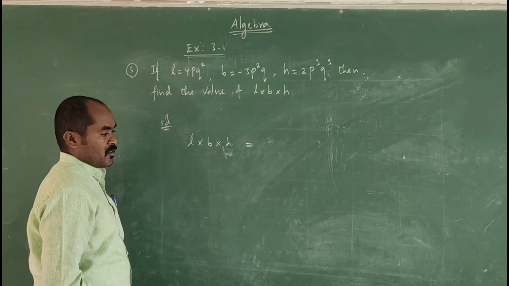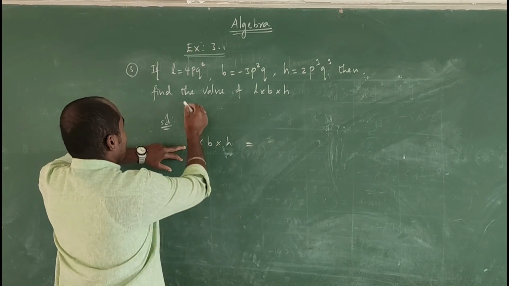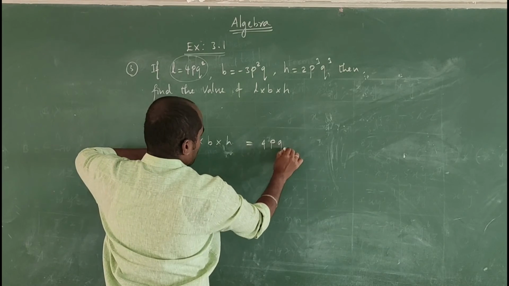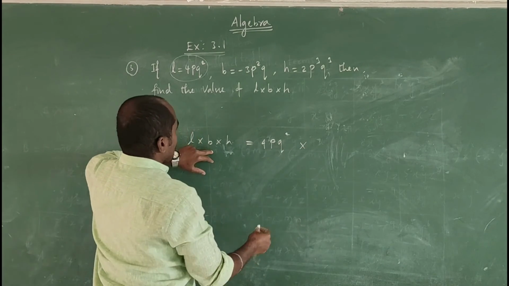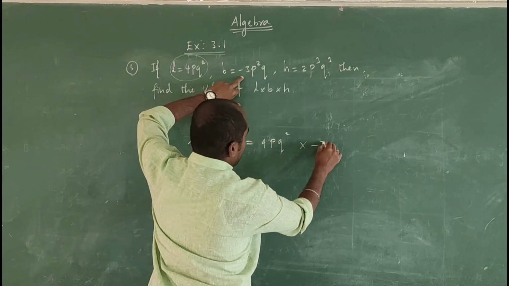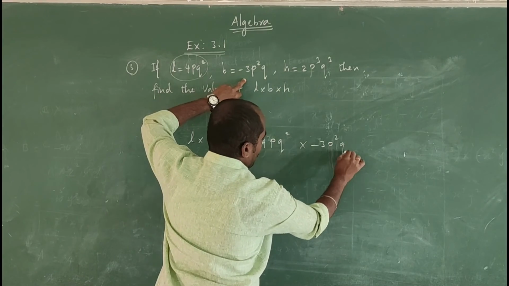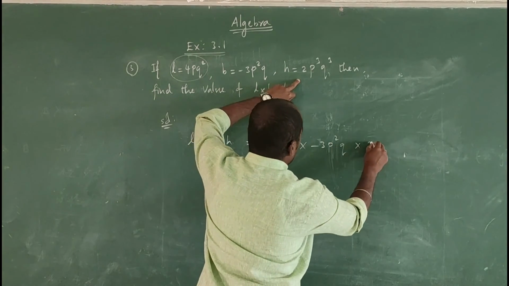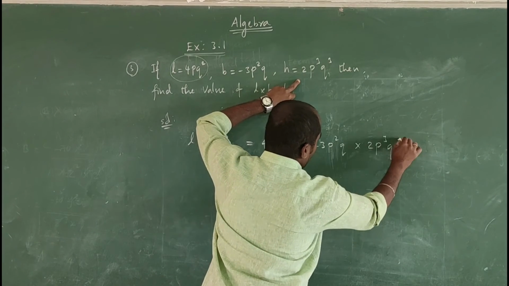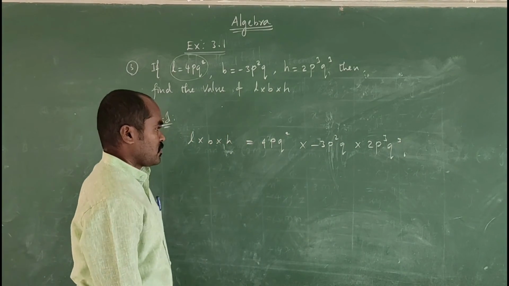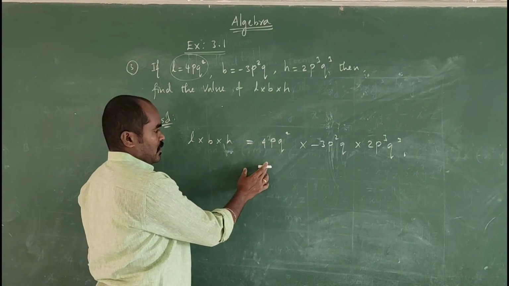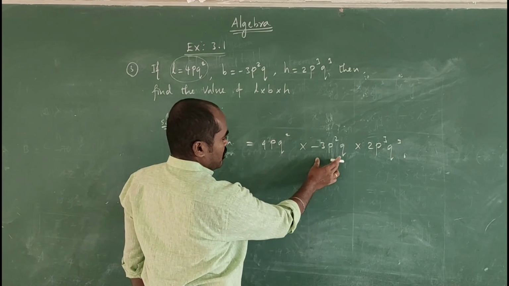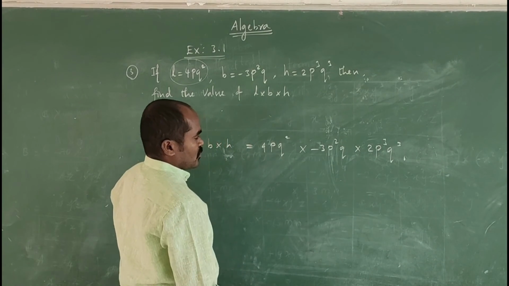So 4pq square into B value, minus 3p square q cube, into H value, 2p cube q cube. Here is the product of three monomials.